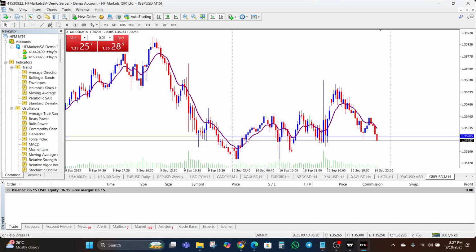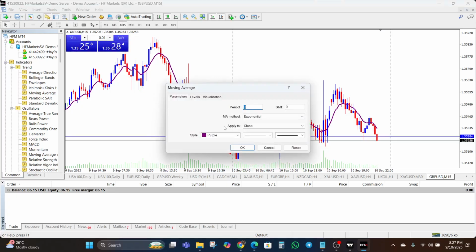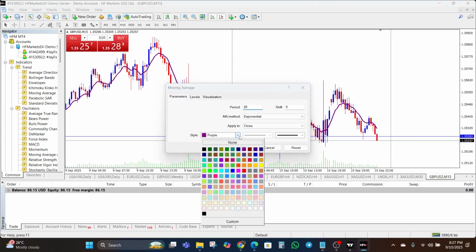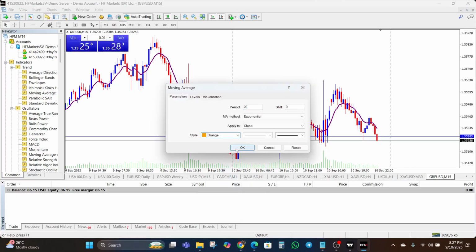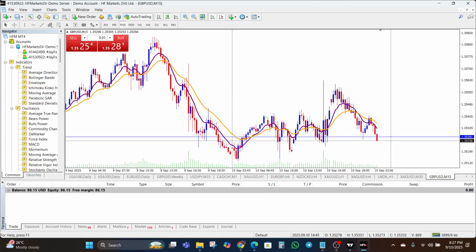This is going to be our fast moving average. And we are going to be using a slower moving average like the 20-period exponential moving average. So we are using the 9 EMA and the 20 EMA. These EMAs will help you identify the short-term trend direction.